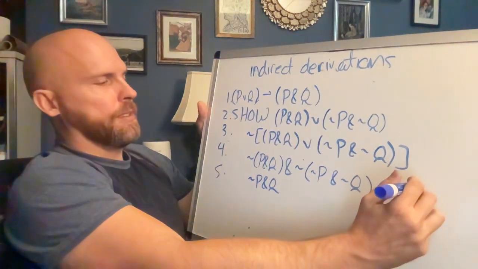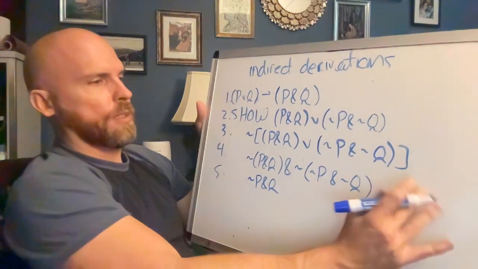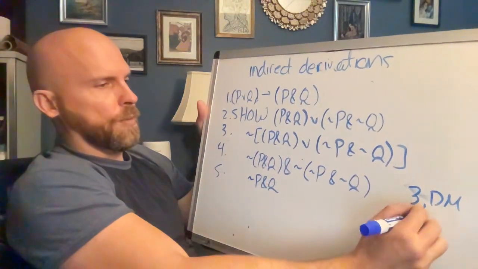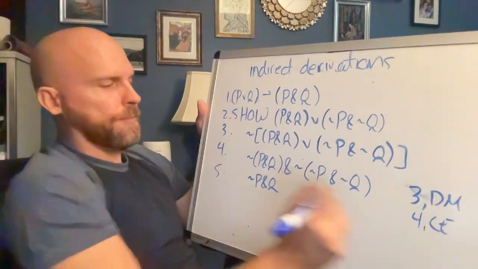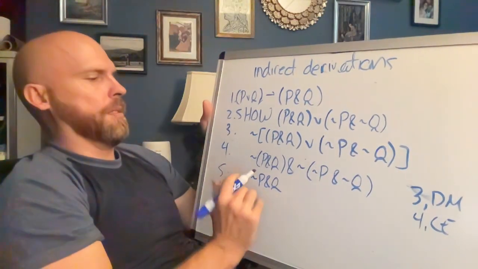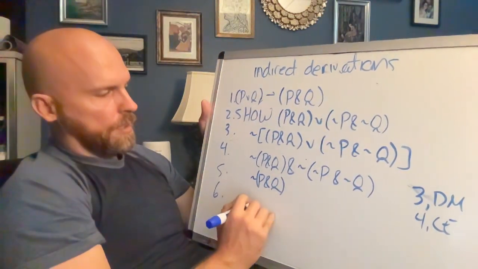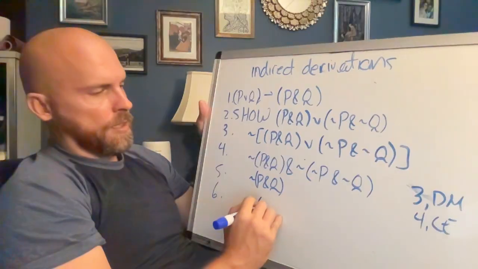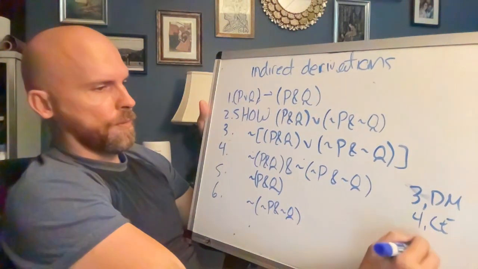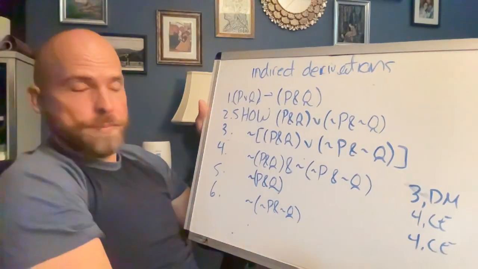Oh, I should have cited this. This is 4. This is 3 De Morgan's. And this is 4 conjunction elimination. I can also derive, that should be parentheses, not P and not Q. And that is also from 4 conjunction elimination.